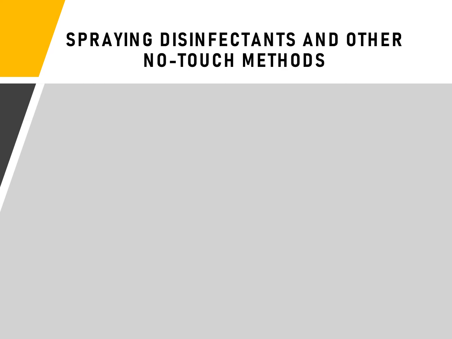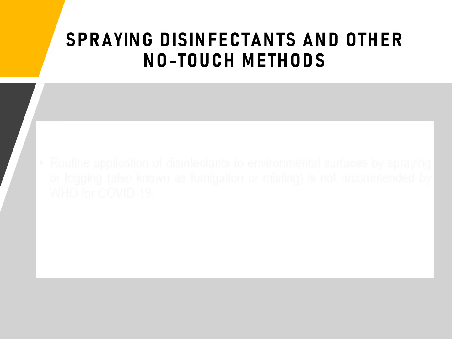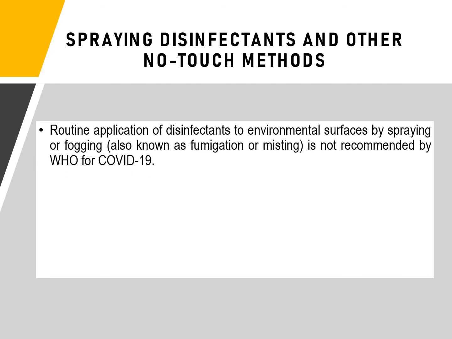Now, in terms of spraying disinfectants and other no-touch methods, the World Health Organization recommends the following. The routine application of disinfectants to environmental surfaces by spraying or fogging, also known as fumigation or misting, is not recommended by the World Health Organization for COVID-19.